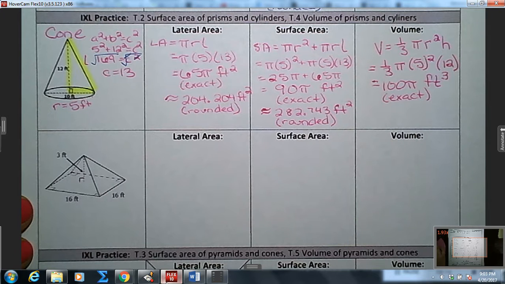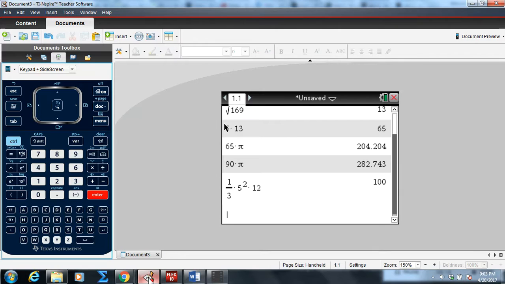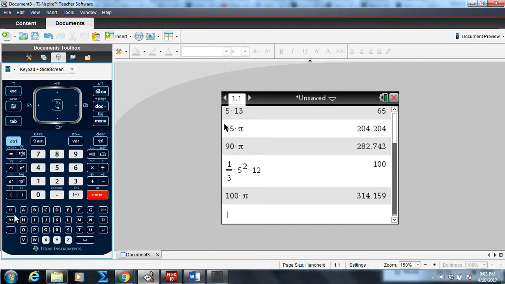Again, if you need the rounded value instead of the exact value, use your calculator and multiply 100 and pi. 100 times pi is approximately 314.159. Still working in cubic feet since we're talking about volume.